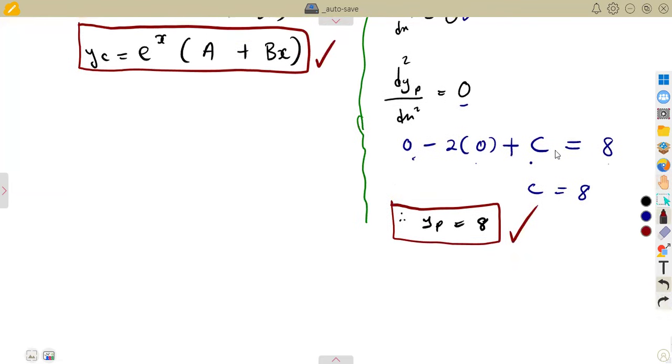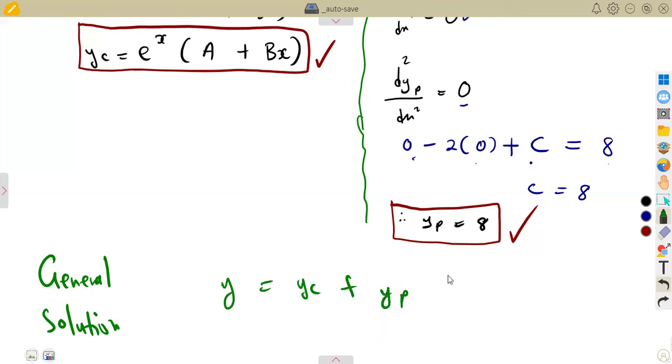So here we said after this, you're going to need the general solution. And the general solution is a combination of these two, complementary function and the particular integral. So that is y is equal to e to the exponent of x into a plus bx, like this, plus yp, which is our particular integral.